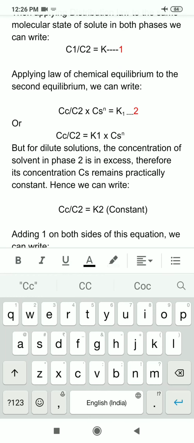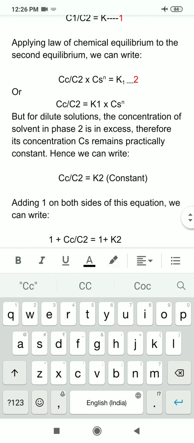Now if Cs is practically constant, then I can write Cc upon C2 is equal to K2, because here K1 into Cs raised to power n is constant, so I replaced that term with K2. So Cc upon C2 is equal to K2, a constant.